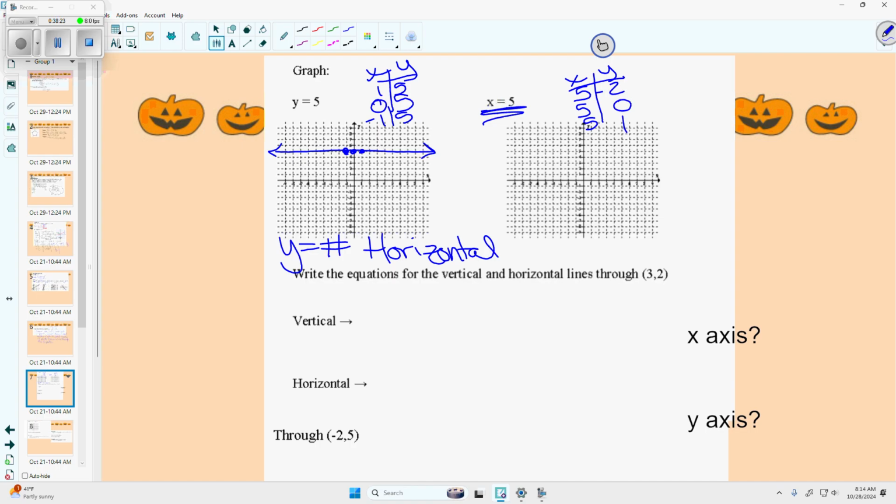Absolutely. So if I did 5, negative 2, 5, 0, 5, 1, what will I do to connect them? I put a line through them and it will end up being vertical. So x equaling a number is a vertical line.